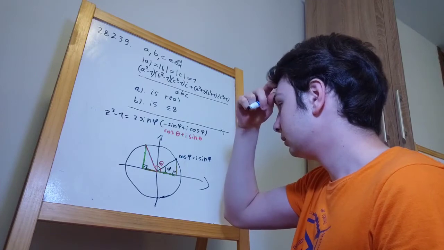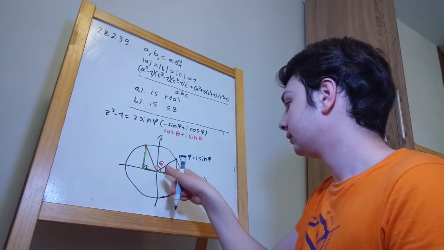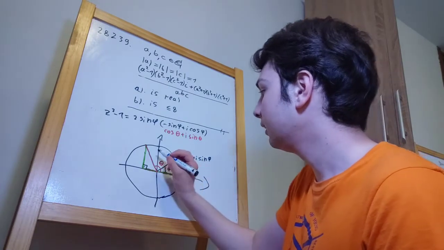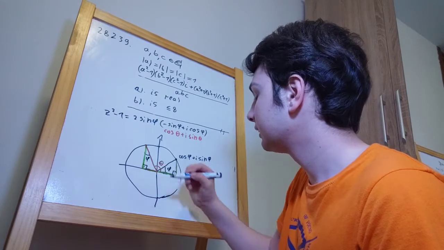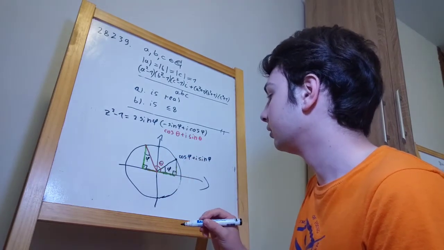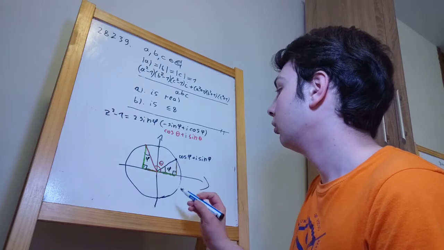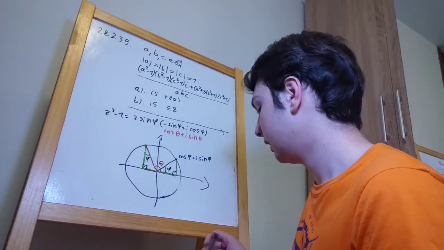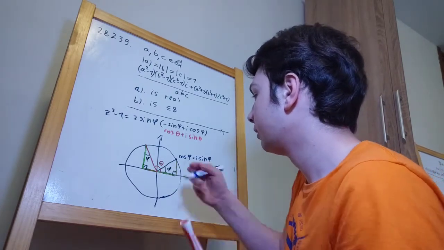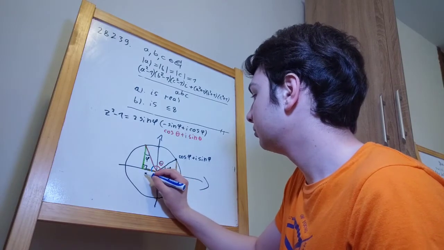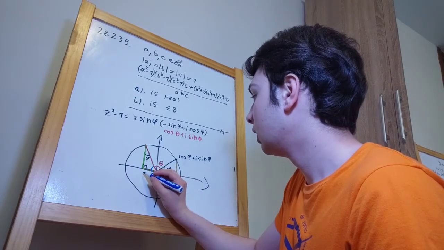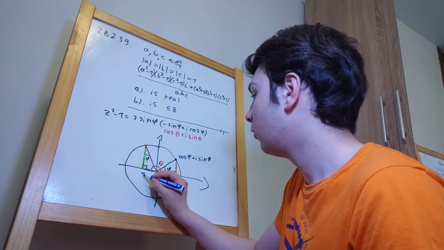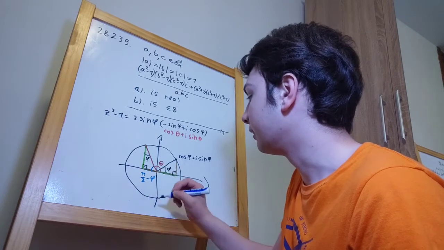So let's see, this angle right here is theta, this angle right here is phi. And now, let me draw it in blue for you, this angle is pi over 2 minus phi.